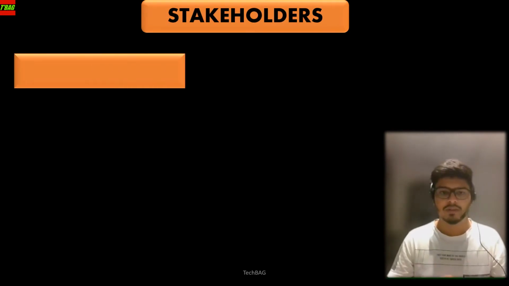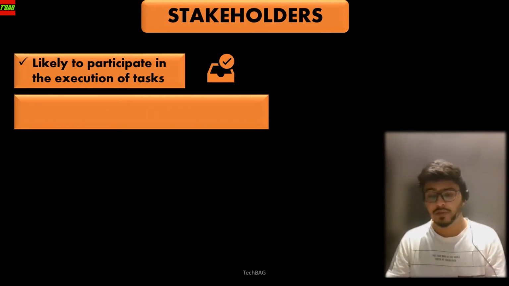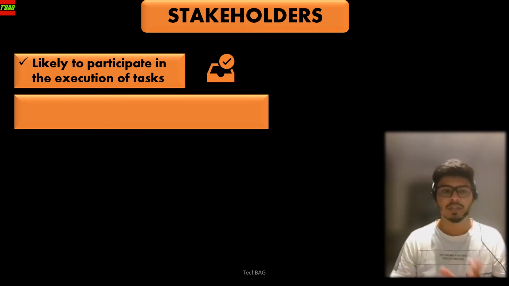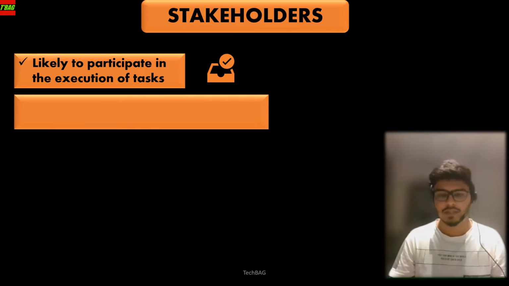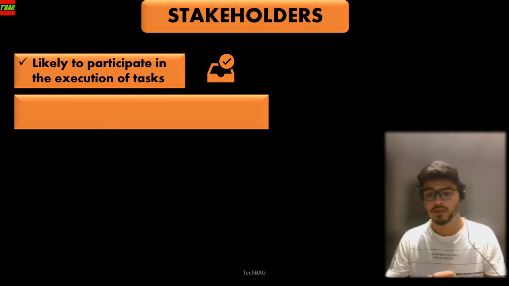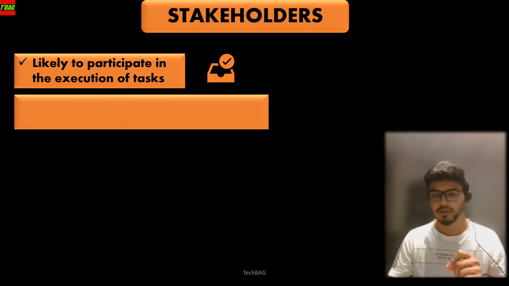So what exactly does stakeholder mean? What is a stakeholder's responsibility? A stakeholder is a person who is likely to participate in the execution of the task. That means he is the one who participates in all the execution tasks. Those are also responsible for completing and executing the task, but they also help us by giving certain kinds of information while executing the task.